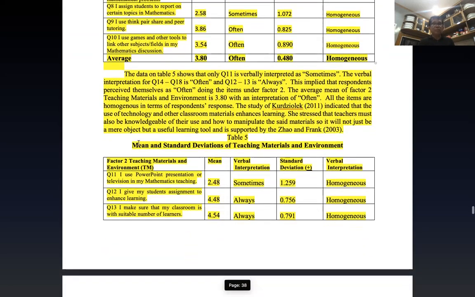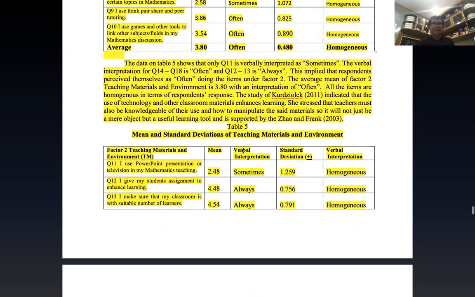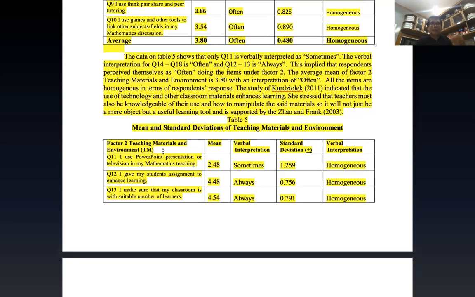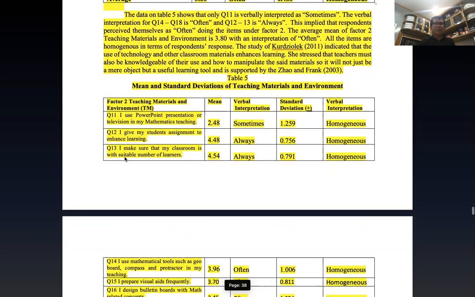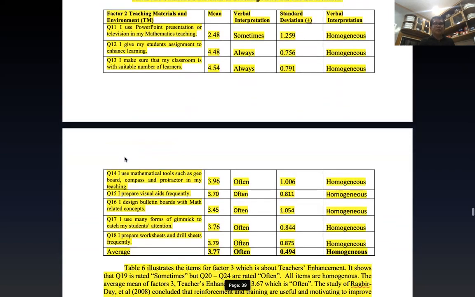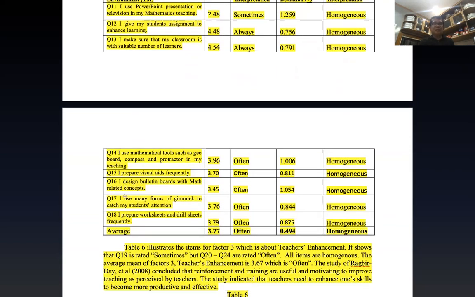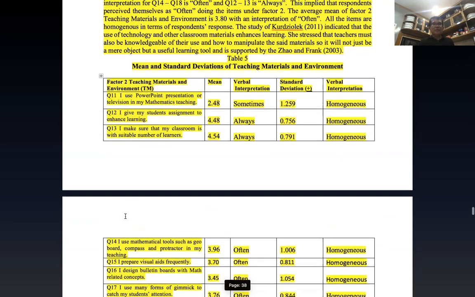Factor 2 is found in table 5. Factor 2: teaching materials and environment. We have Q11, Q12, Q13, Q14, Q15, Q16, Q17, and Q18. It starts from Q11: I use PowerPoint presentation or television in my mathematics teaching.